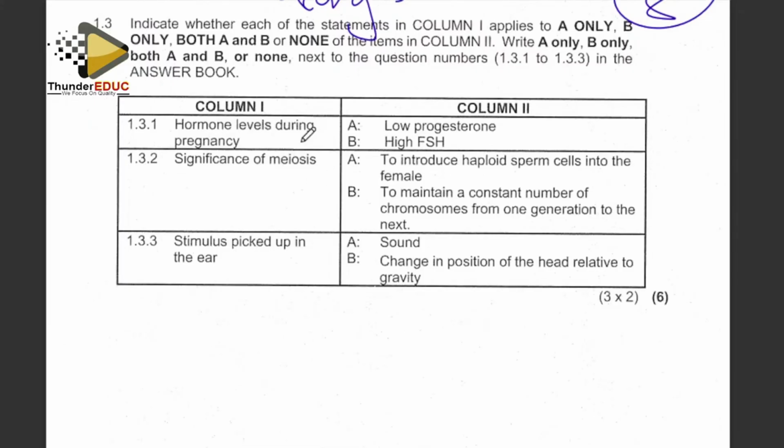The hormone levels during pregnancy. We require a high amount of progesterone to maintain pregnancy. So that one is high. We require a low level of FSH so that there is no new development of the ovum.